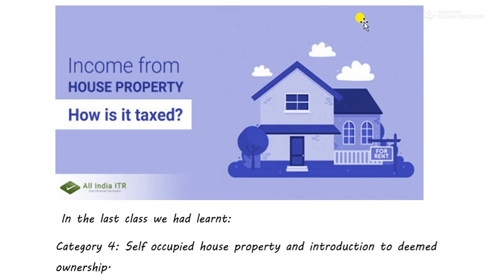In that case, the person who is not the owner shall be considered as the owner for the purpose of income from house property, or for the purpose of this act only. Although the registered owner or legal owner is someone else, for the purpose of this act, the person who receives the rent, or the persons that we'll talk about, will be considered as the owner. That is called deemed owner.